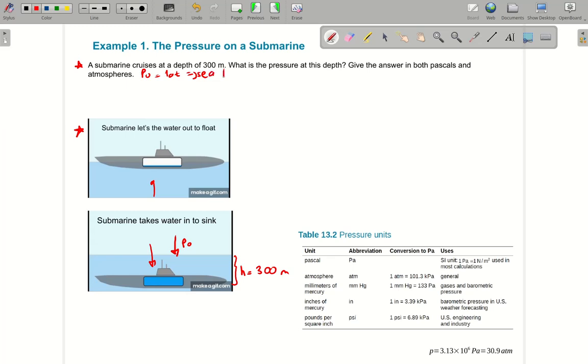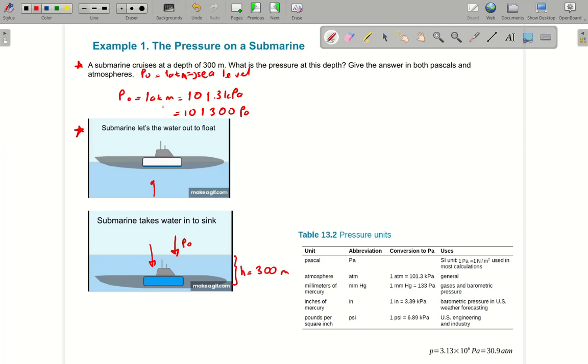So at sea level, that's the pressure of the atmosphere, 1 atmosphere. And we will convert this to Pascal using this conversion. So 1 atmosphere, 101.3 kilopascal, or 101,300 Pascal.